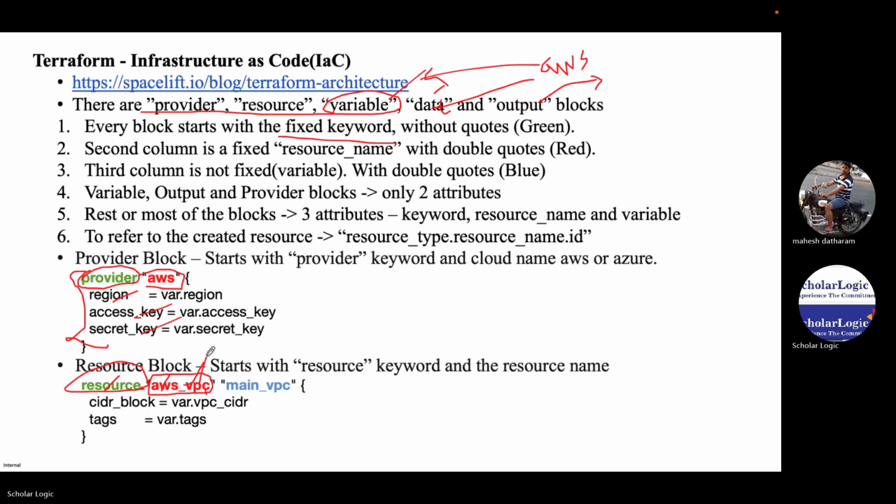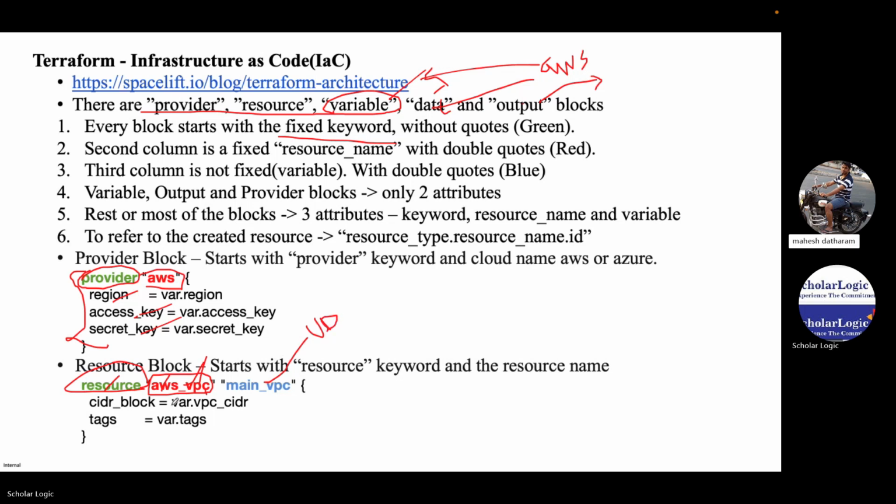That is how your second column should look. The third column is your information. You can say my VPC, a dump VPC, whatever you want. It is user defined. Hope I made it clear, Mahesh.